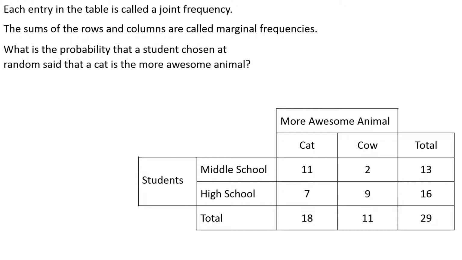This is what's got to do with probability, right? If I sample students, take a little survey, I can then sometimes extrapolate that into a larger population and say, hey, my hunch is. So if I went up to a student at random, what would be the probability that they thought the cat was the more awesome animal?